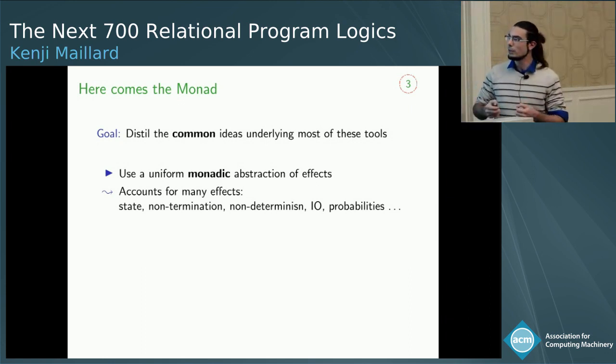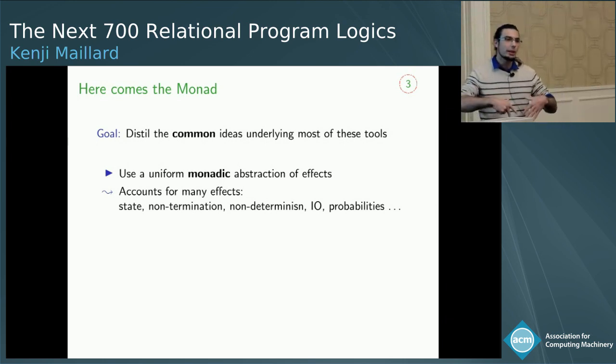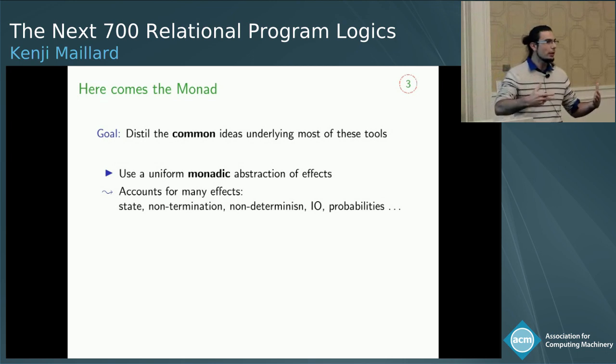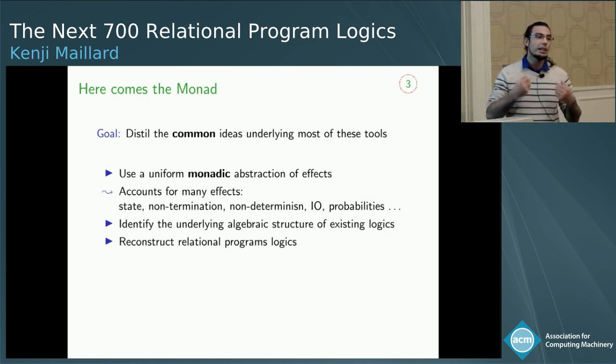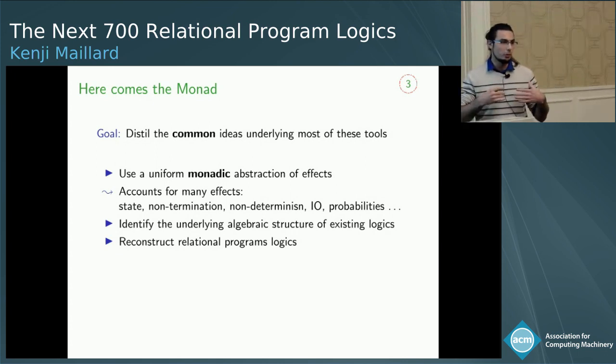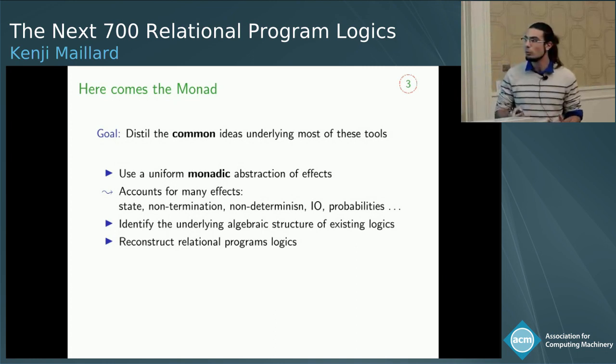And then once we encode our effects with monads, we want to understand what kind of structure it provides on the relational program logics. In particular, the algebraic notions that underlie the proof rules that we use in relational program logics.